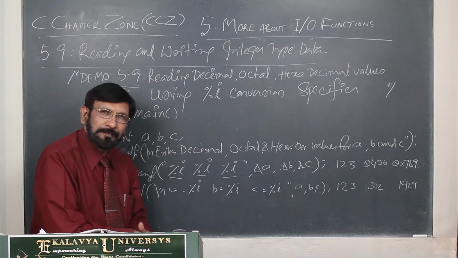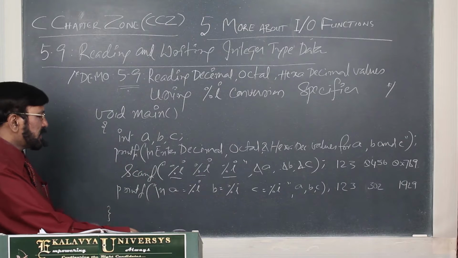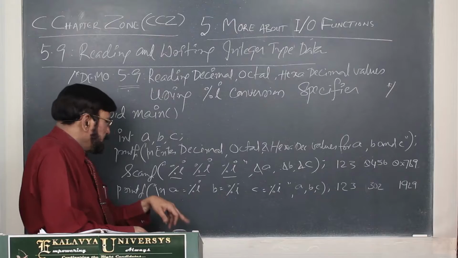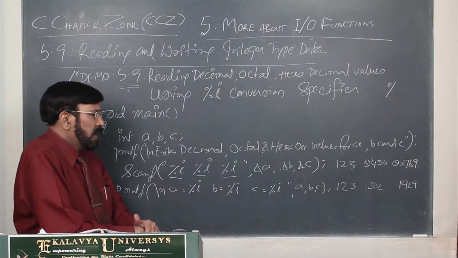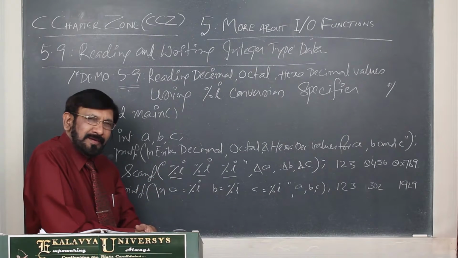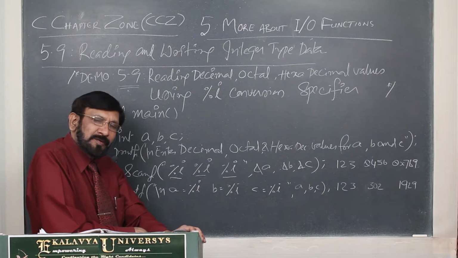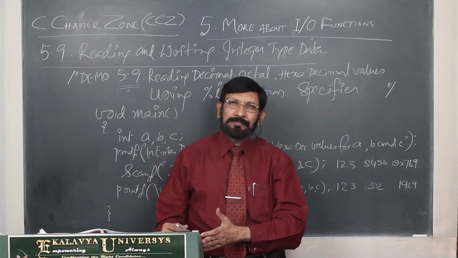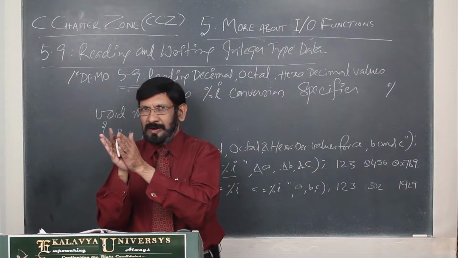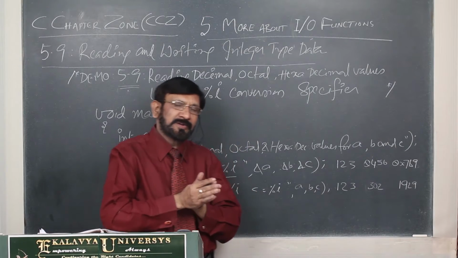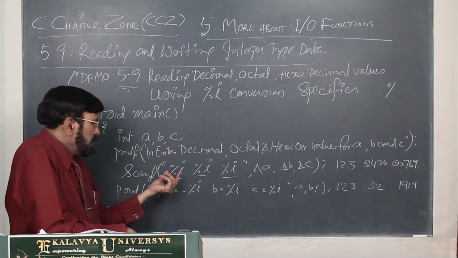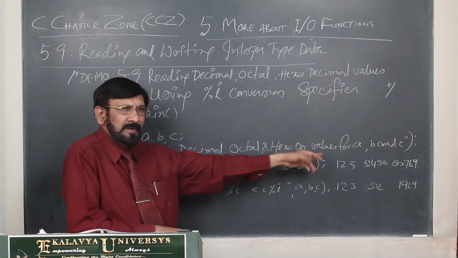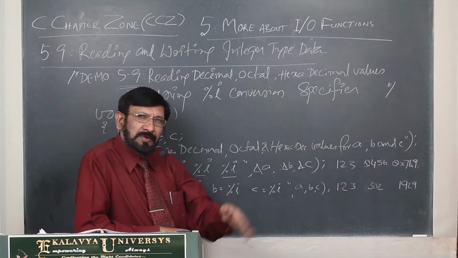Using %i I am able to get them read. Thereafter, using %i only in the printf statement, I am getting them written. In this, one very important point you have to notice. What I already told you, I show you the difference, how scanf treats and how printf treats. Scanf treats %i as a common conversion specifier for all three types of values.